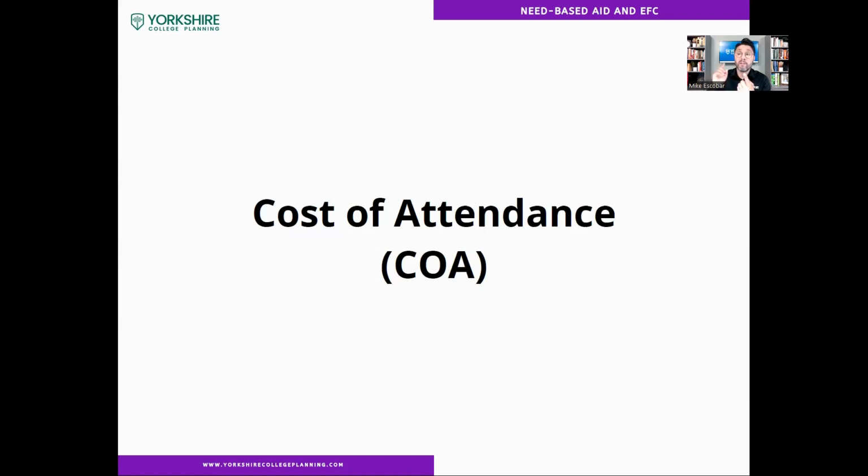Now, cost of attendance includes tuition and room and board and fees, and the meal plan, which is usually a part of room and board. So all of the fees and costs that could be associated with college, books, is all a part of this cost of attendance estimate. And emphasis on the fact that costs of attendance are estimates.